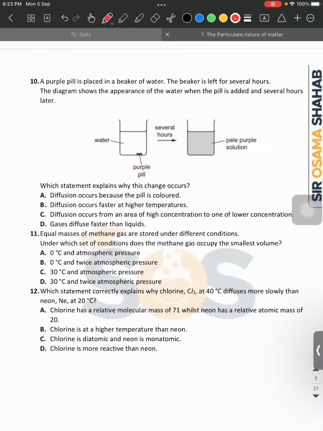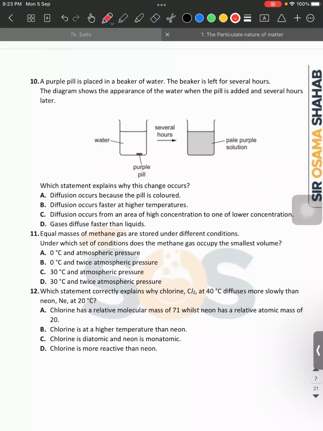The beaker is left for several hours. The diagram shows the appearance of the water when the pill is added and several hours later. So start में आपके पास colorless है, and then after some time when this pill or this crystal is going to be dissolved, then you will see that the color will be pale purple, right?